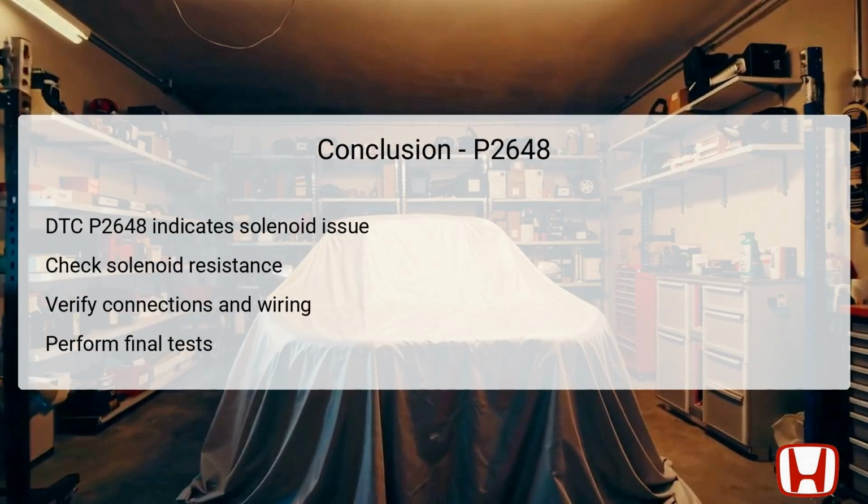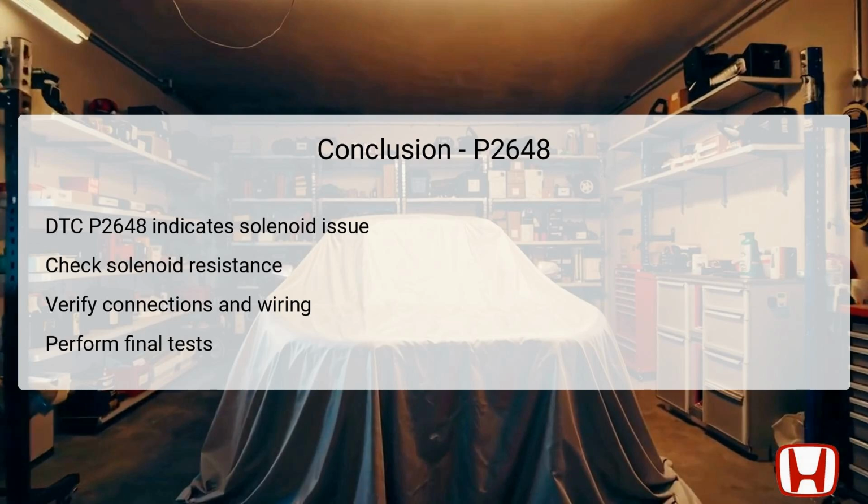In conclusion, DTC P2648 points to a low voltage condition within the rocker arm oil control solenoid circuit, greatly impacting the VTEC system's efficiency. Effective troubleshooting steps must be followed to identify the root cause of the issue. These include testing the solenoid's internal resistance, checking for continuity in the wiring, and ensuring all electrical connections are secure.